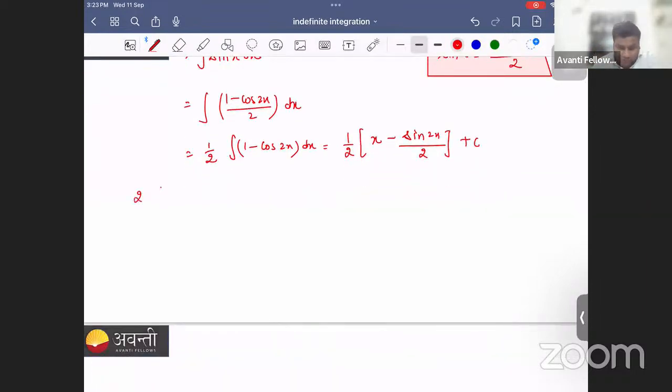Now, say you want to calculate cos cube x dx. Try it once. Use the formula of cos 3x.